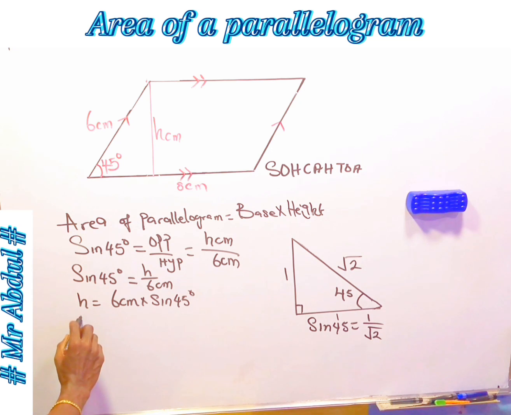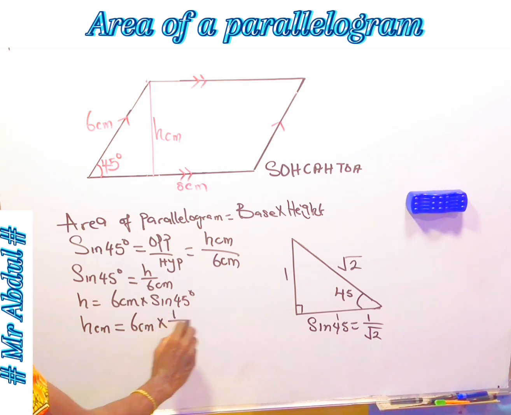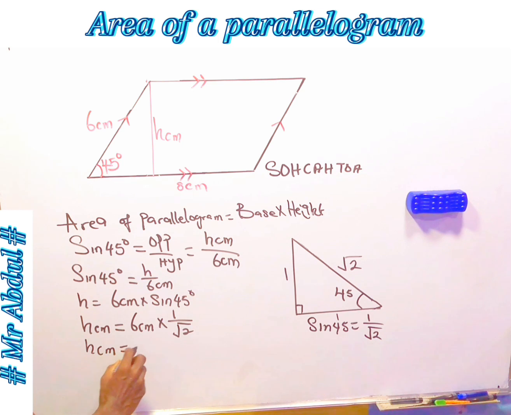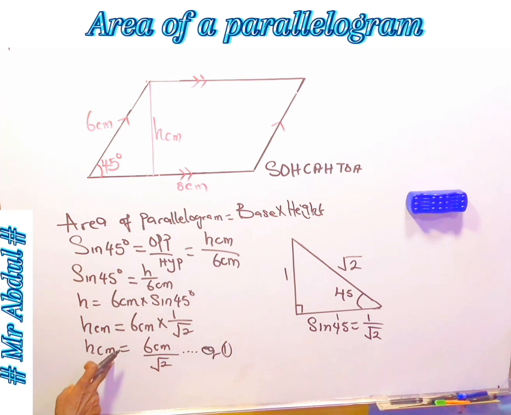Therefore, our h, which is in centimeter, is equal to 6 centimeter times 1 over root 2. h can further be simplified to 6 times 1, which is 6 cm over root 2. Let's call this equation 1 for our value of h in centimeter.